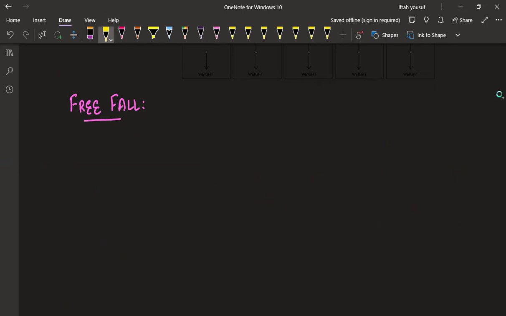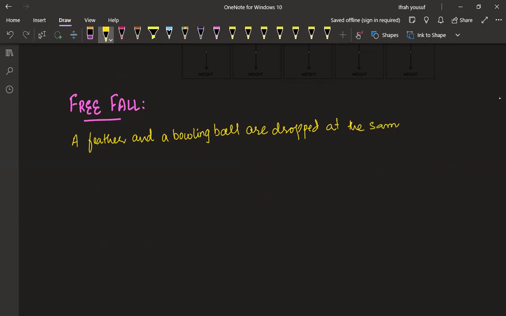What do you think if I drop two objects, let's say a feather and a bowling ball, dropped at the same time from the same position in air? Who will reach the ground first?